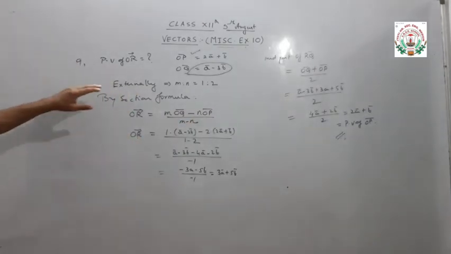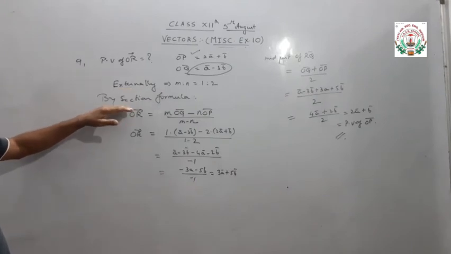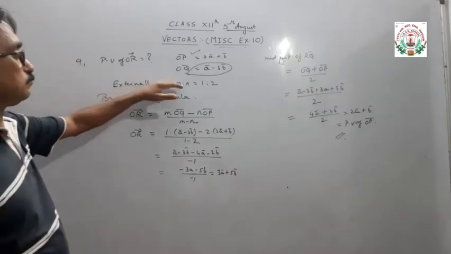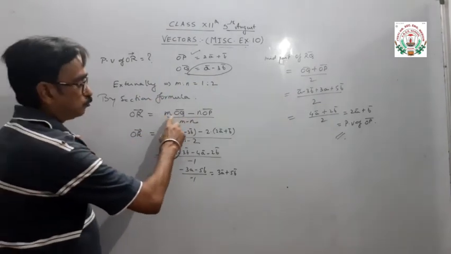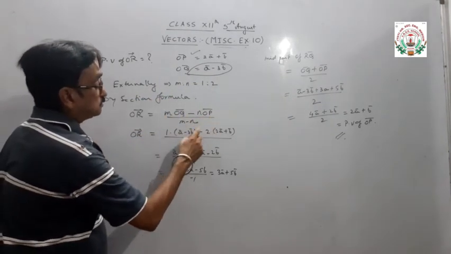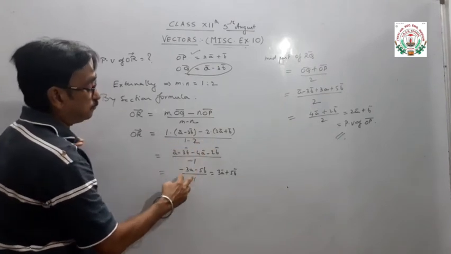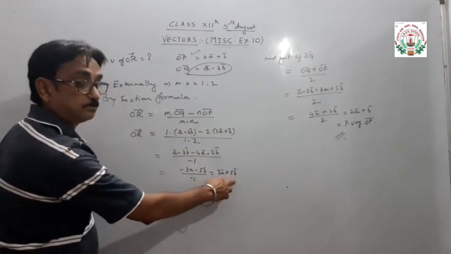Now we calculate bisection formula externally m/n 1:2. Bisection formula: m OQ minus n OP upon m minus n. Substitute their values and we will get the result 3a vector plus 5b vector.